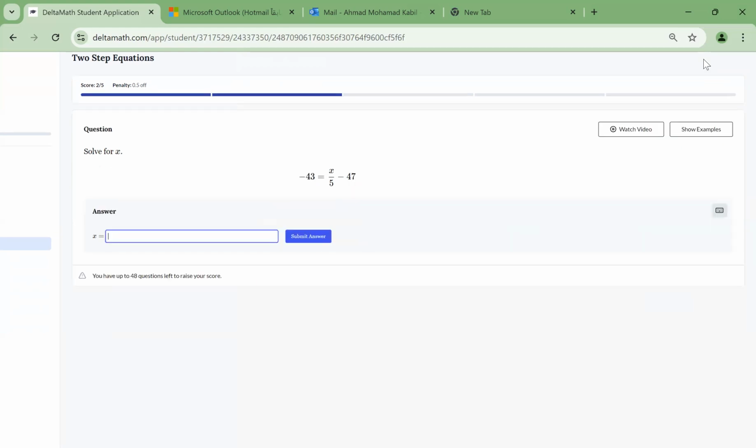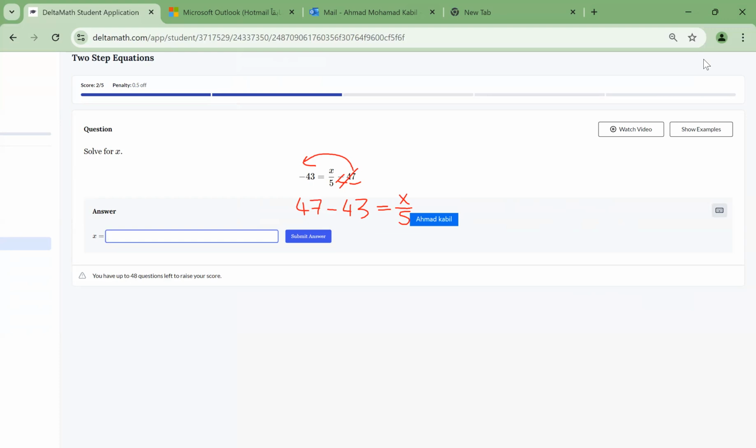Here we have negative 43 equals x over 5 minus 47. Let's first take the 47 to the other side. The negative is attached to the 47, so it goes to the other side as positive 47 minus 43. And this is all removed from the right-hand side. And now we have x over 5 only on the right.